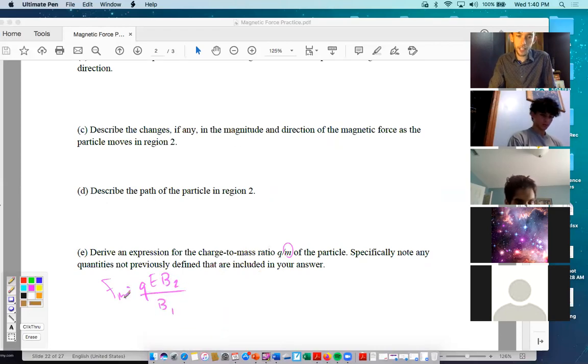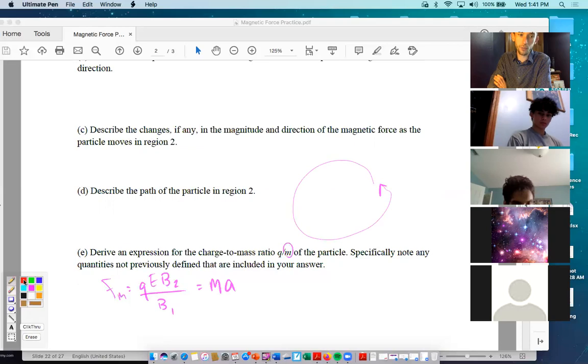And I just got done saying that in region 2, this magnetic force is supplying a centripetal force, which causes centripetal acceleration. So that's the only force acting on the particle. So according to Newton's second law, that's going to be equal to the mass of the particle times acceleration. But note what I just said about this acceleration. It is a centripetal acceleration. It always points into the center of that circular path. So my particle is moving in a circle right now.